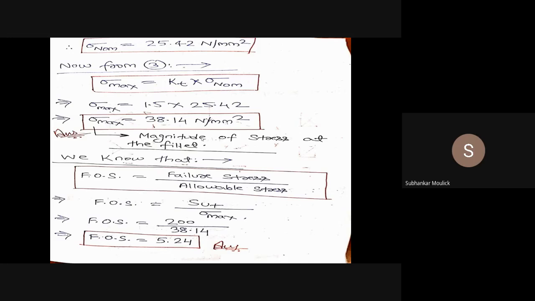Then you have to tell him that the maximum stress generated is 38.14 Newton per millimeter square, and this stress is critical at the fillet region. So while using this component for daily purposes, you have to keep in mind, or take care at this fillet cross section, that it should not be overloaded. So that's why I have found the value of sigma max.